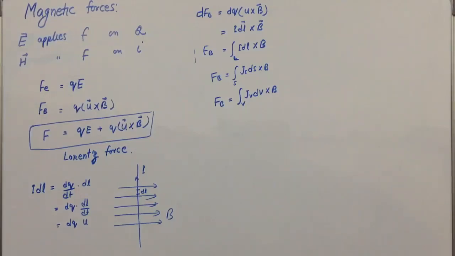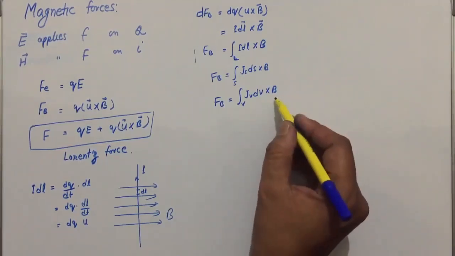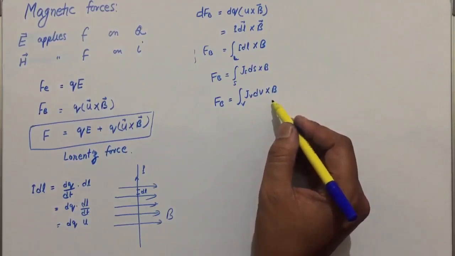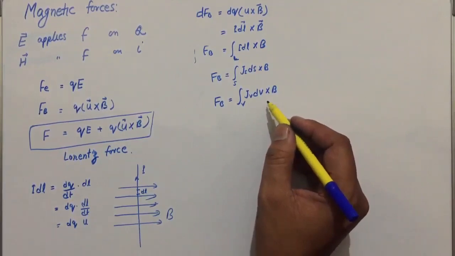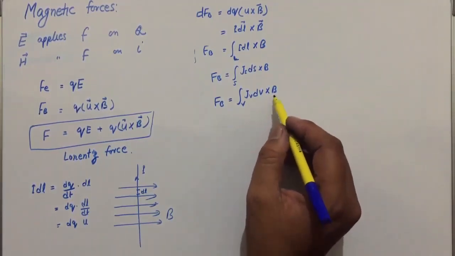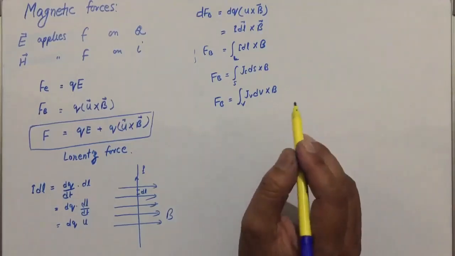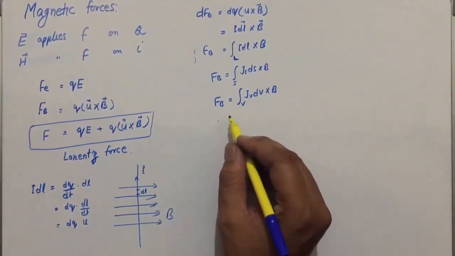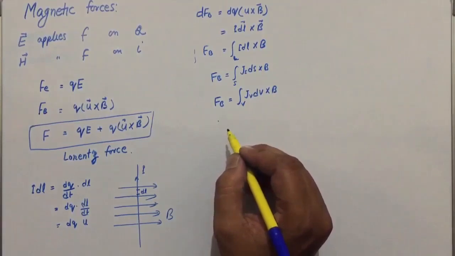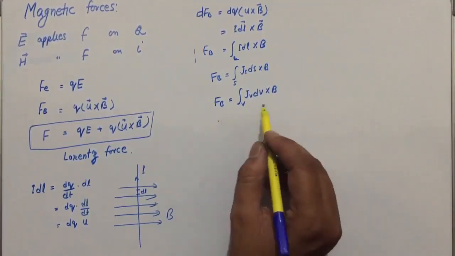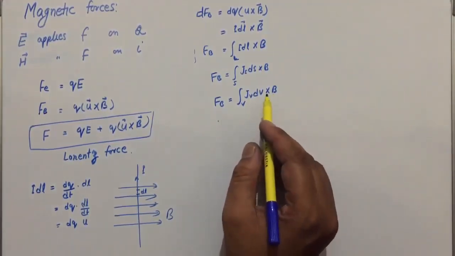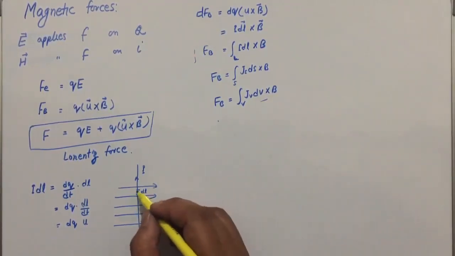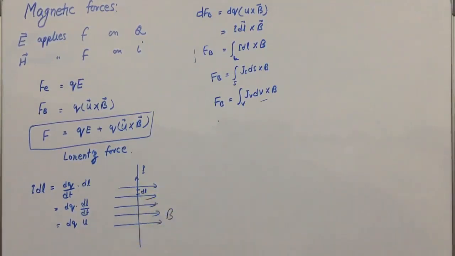Now the next question arises: how is this magnetic field generated? We know that the flow of current causes the magnetic field, so we can assume another current is flowing through another conductor, and that current causes the magnetic field, and due to that field a force will be exerted on the first conductor.